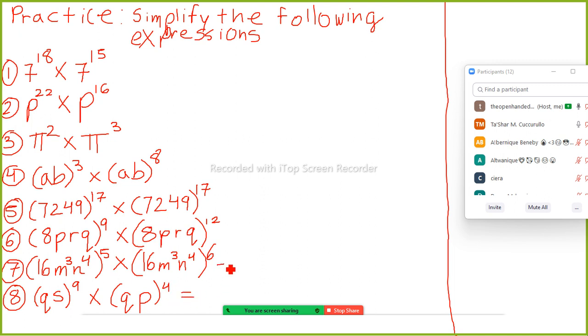Alright, so those are the exercises that we have to deal with.